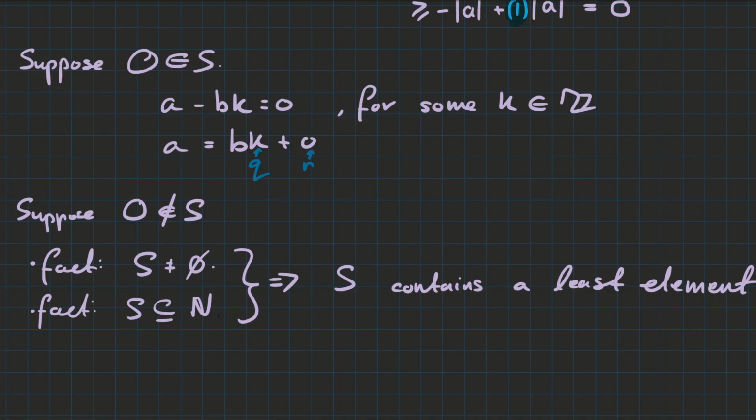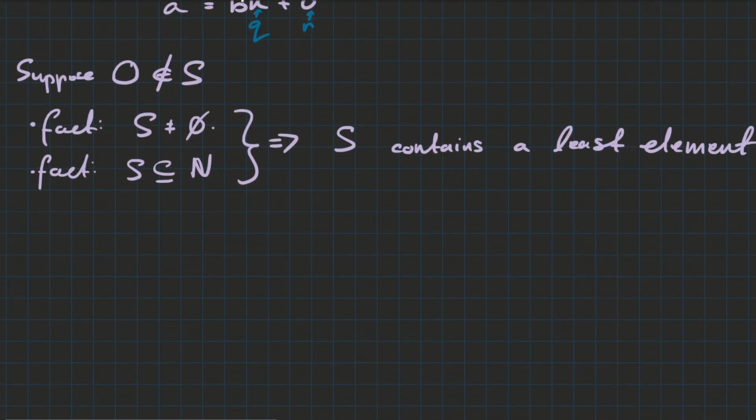Okay, so then really, whoever you're talking to, they'll agree with this, right? That was the only point of contention there. Suppose 0 is not an element of S, then we already discussed that S is not empty, but it's also a subset of the natural numbers. So it contains a least positive element, right?